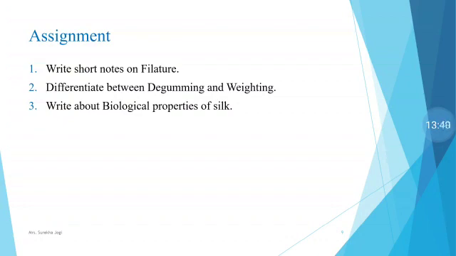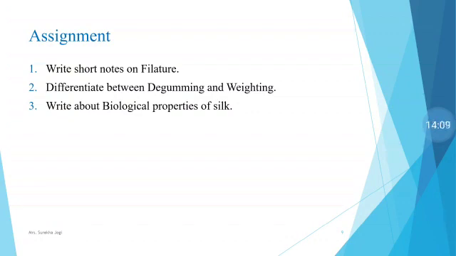What is degumming? It is the removal of gum, which is called sericin. And what is wetting? When the weight of the silk yarn is increased, it is called wetting. Then the second point: approximately 25% of the weight of silk is lost in degumming, and this loss of weight is compensated in the wetting process.